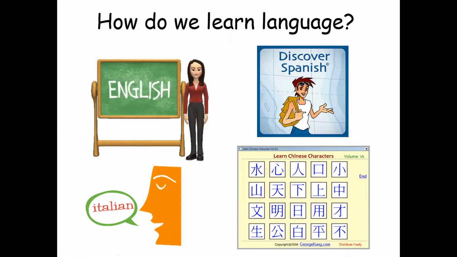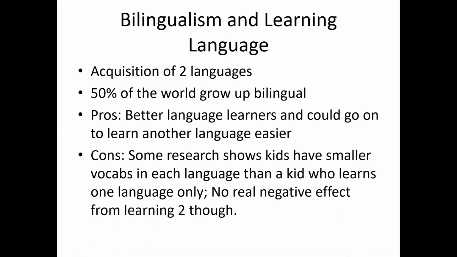But when we talk about how we learn language, a lot of people want to bring up bilingualism, right? People who can speak 2 or more, sometimes, languages. And what are the drawbacks and what are the benefits of it? So when we look at bilingual people, who speak 2 languages fluently, 50% of the world actually grows up bilingual. I would say a fair assessment is that Americans are kind of weird.